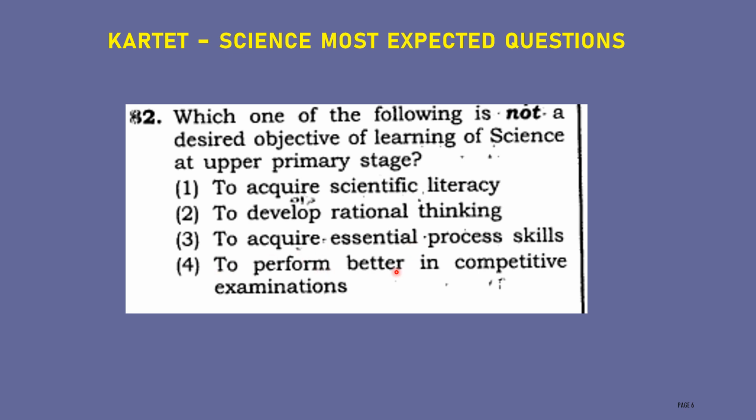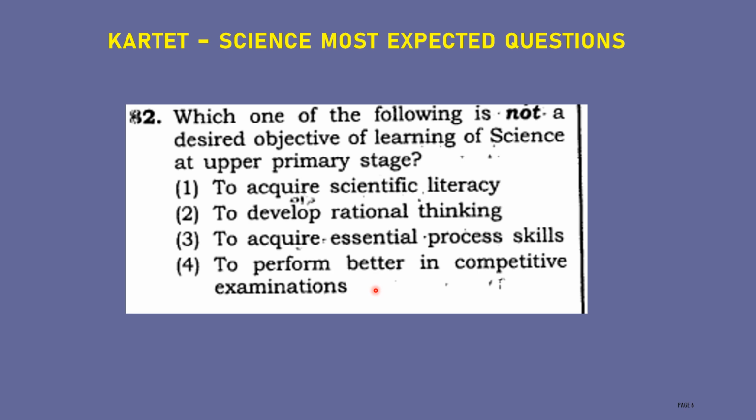Then the fourth one, to perform better in competitive examinations. This is the wrong one, because the objectives of science are to create awareness of science, rational thinking, skills, everything. Then you have to understand the concept, and you have to relate science with daily life.